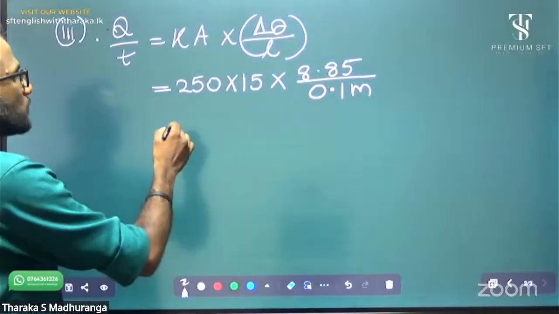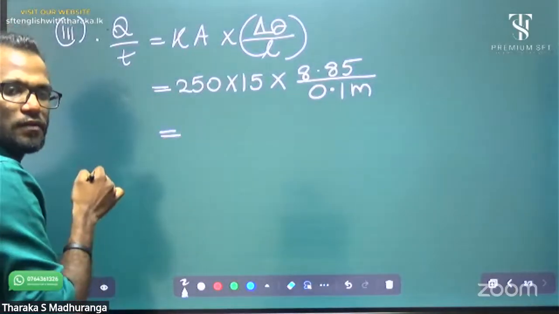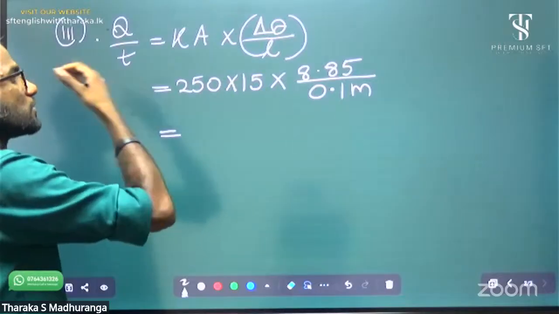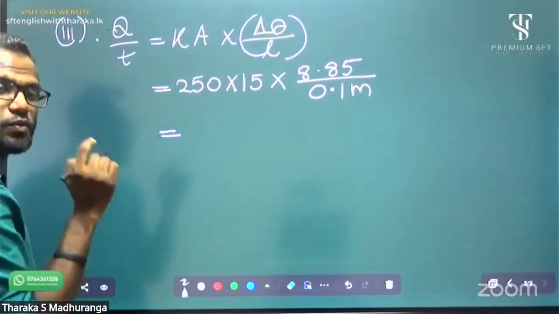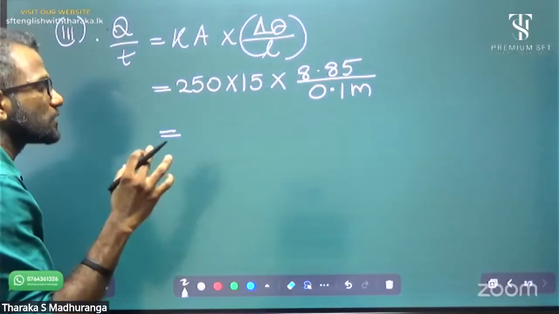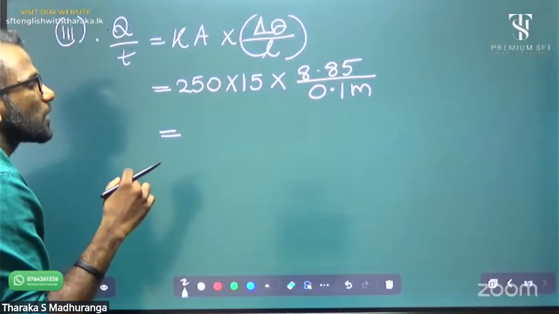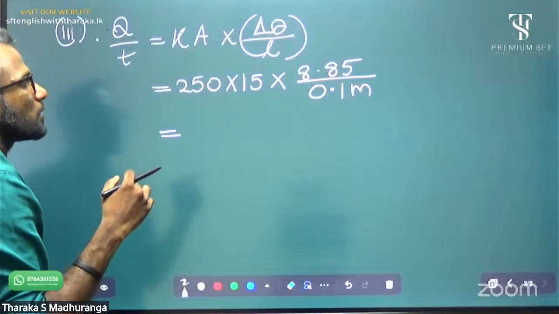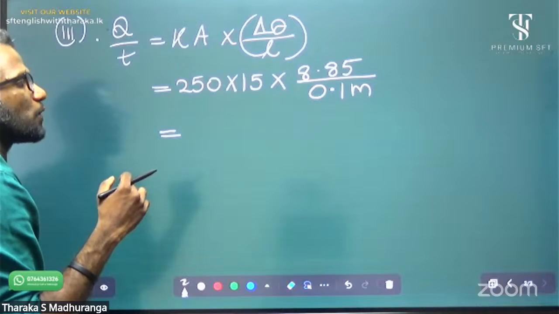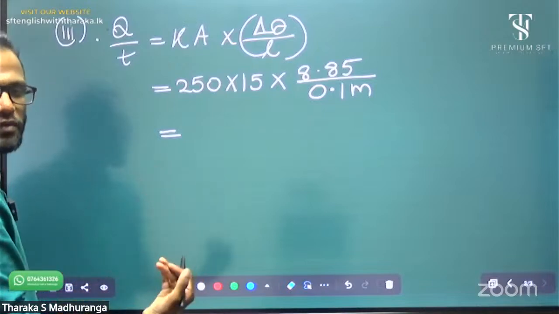Now solve this equation to get Q over T, which means the thermal conduction rate. 250 into 15 into 8.85 divided by 0.1.